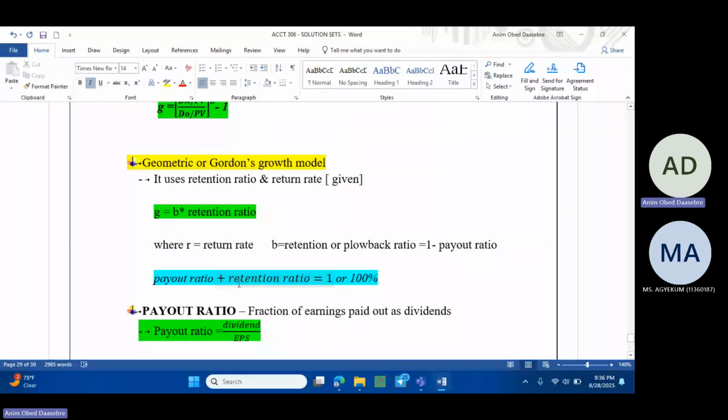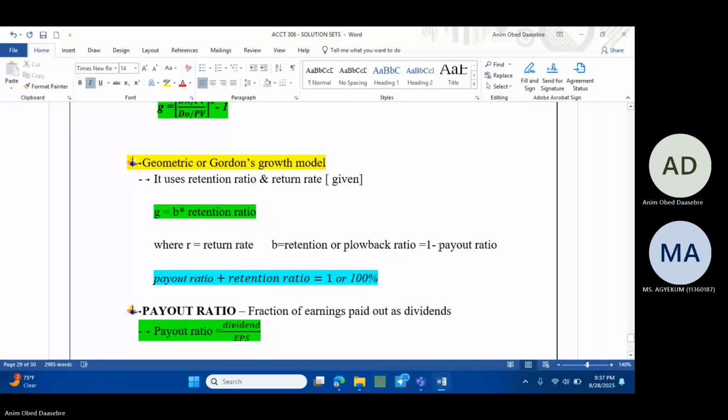So if you have this and you want your retention ratio, you just change the subject. So retention ratio is 1 minus payout ratio.